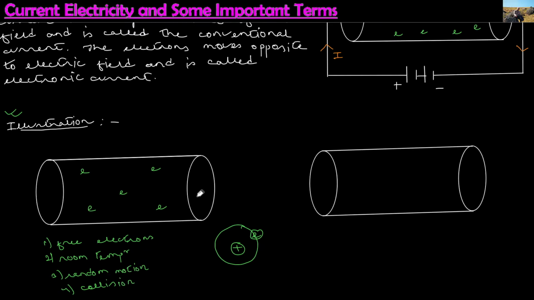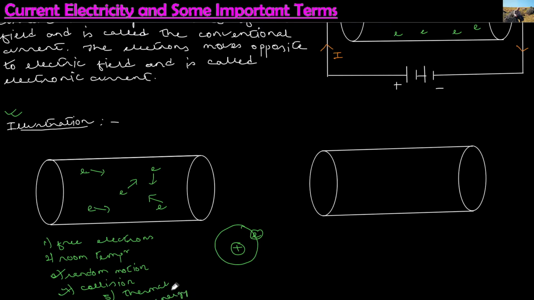That means all these electrons are moving in different, haphazard directions. So there will be collision among these electrons, and when there is collision, there will be some thermal energy, or thermal agitations.